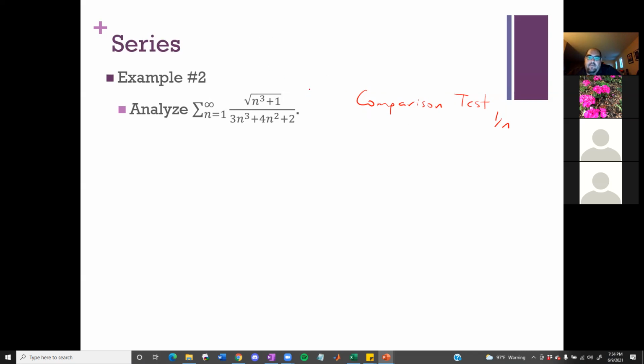Probably limit. So let's try a limit comparison with 1/n. So the way that works, actually you tell me the way it works. I want to try a limit comparison with the series 1/n. So where do I need to go from here? You would look at the limit of that series over 1/n. Okay, good. So I want the limit of this quotient here, n cubed plus 1 over all this stuff.